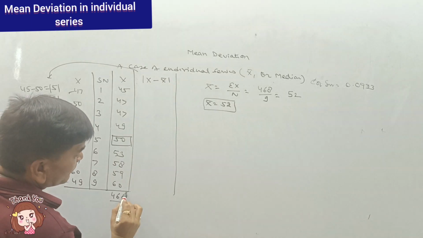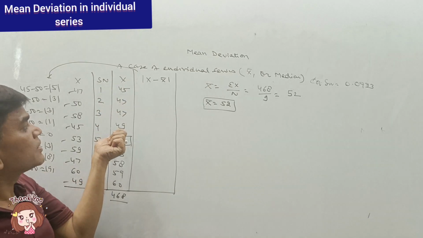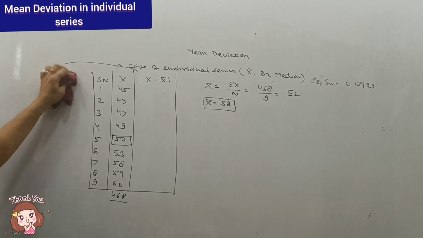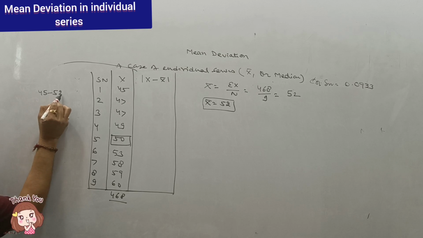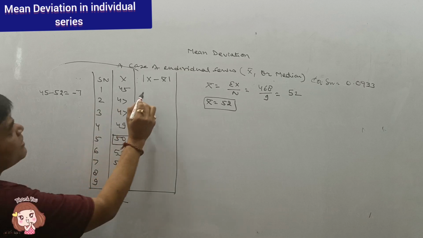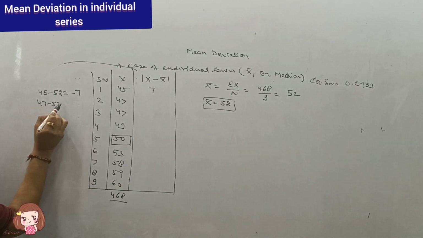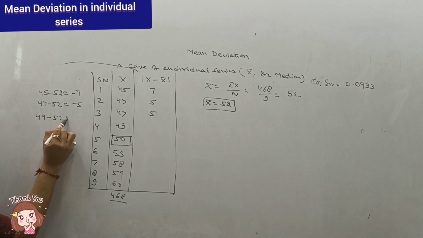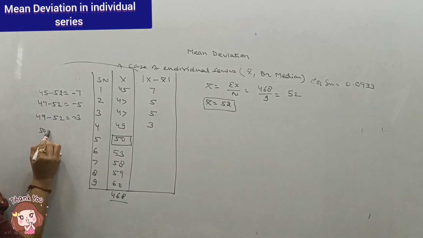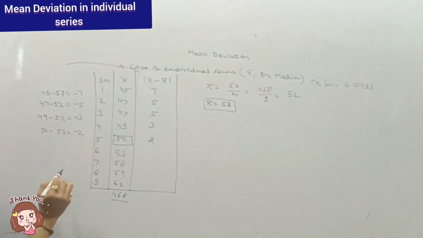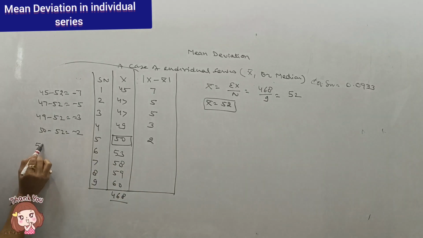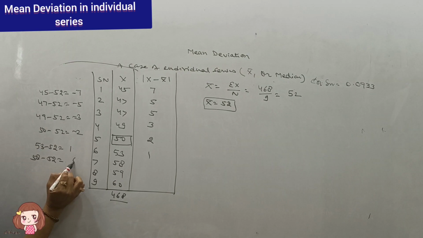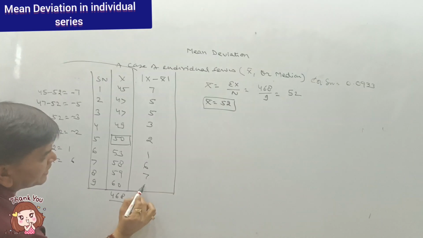It means we subtract 52 from each of the items. 45 minus 52 is 7, ignoring the minus sign. 47 minus 52 is minus 5, but ignoring the sign, that is 5. 49 minus 52 is minus 3, so 3. 50 minus 52 is minus 2, so 2. 53 minus 52 is plus 1. 58 minus 52 is plus 6, then 7 and 8.